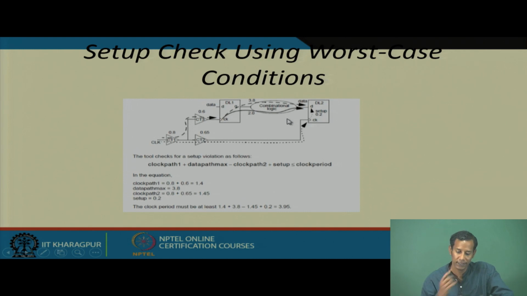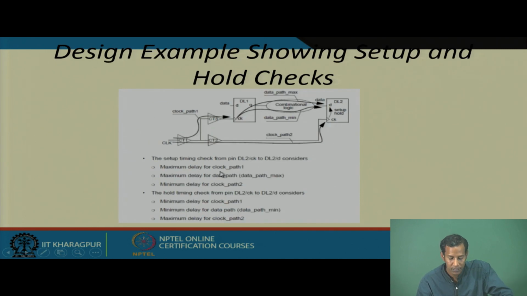So, depending on this, let us first check the setup requirement for this particular case. The tools will check for the setup violation, or manually also I can check if I know the delay information of all these values. The setup requirement checks the maximum delay for clock path 1, maximum delay for data path, and the minimum delay for clock path 2.